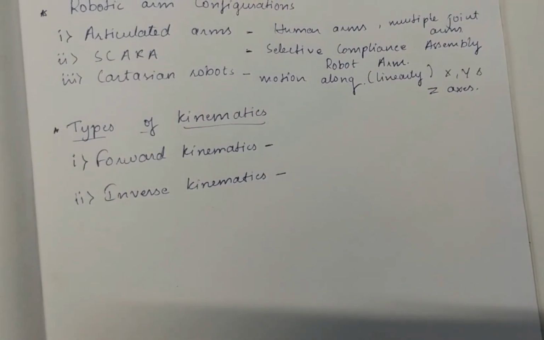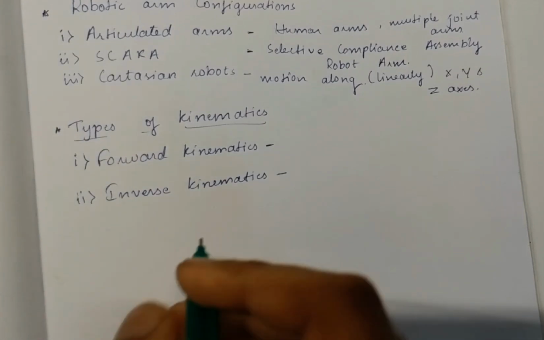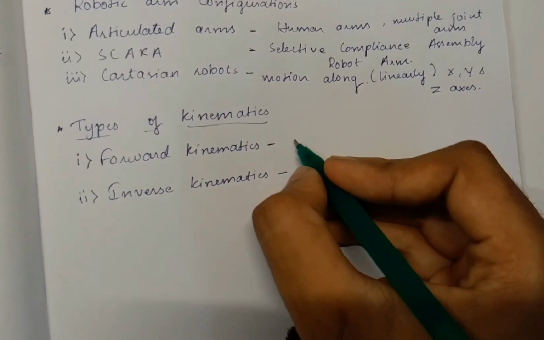So let's look into the further sections. I've just introduced the types of kinematics: forward kinematics and inverse kinematics. Forward kinematics involves calculating the position and orientation of the end effector based on the known joint angles.